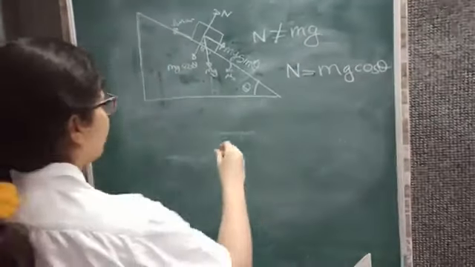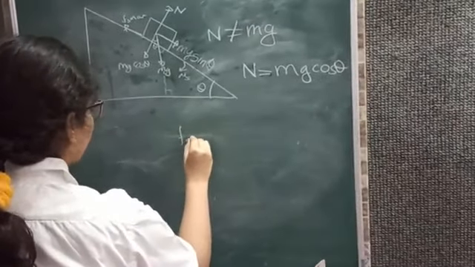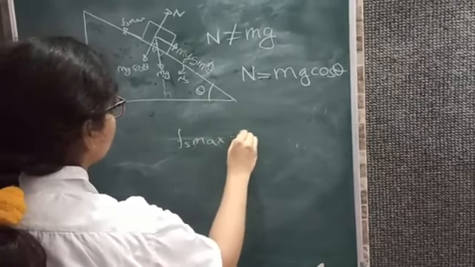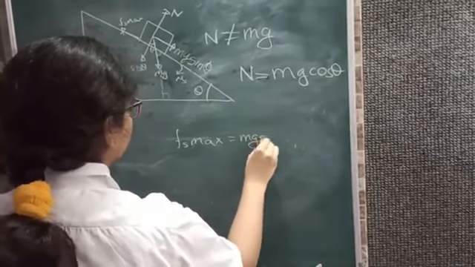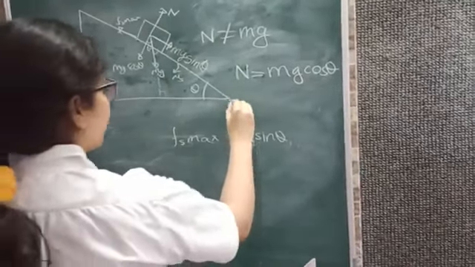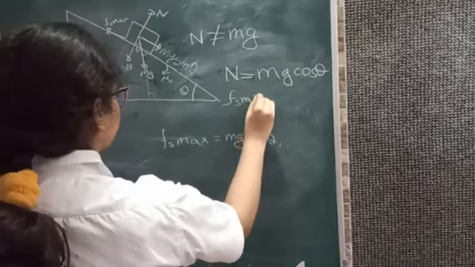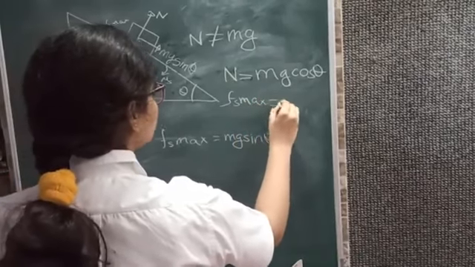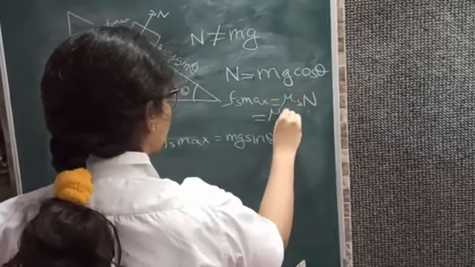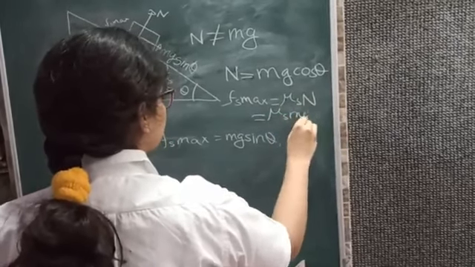So we can write that Fs max is equal to mg sin theta. We also know that Fs max is equal to mu s into N, which in turn is equal to mu s into mg cos theta.